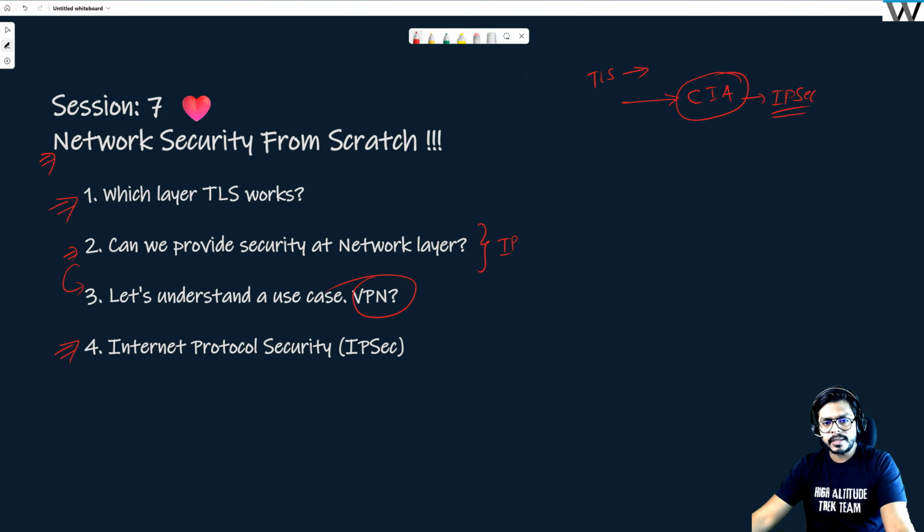Again, to set your expectation, IPsec itself is a huge protocol which requires maybe 10 to 20 hours of understanding, because it's not just one protocol, it's a suite of protocols. To cover 20 hours of content in just one or two hours, you can think that we are going to simplify things.